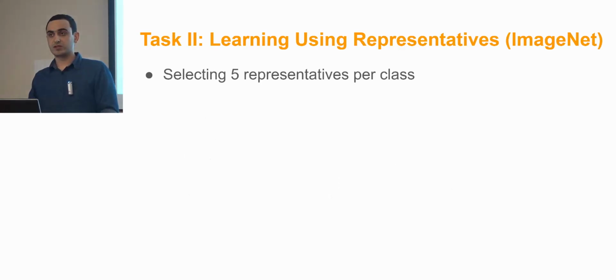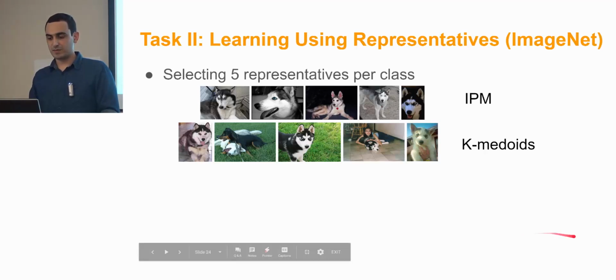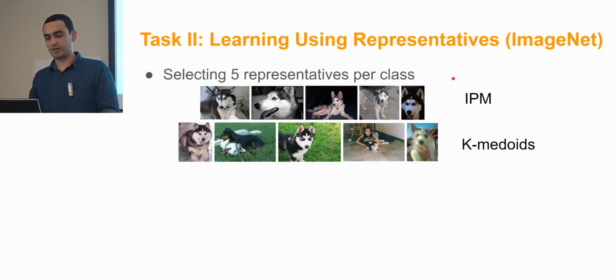Let's assume we want to select only 5 samples for each class. These are for class Siberian Husky. These are the samples selected by IPM and k-method. We can argue that these are better representatives for this class because the object of interest is bigger in all of the images, the scene is less cluttered, and they do not contain objects from other classes like other dogs and humans.